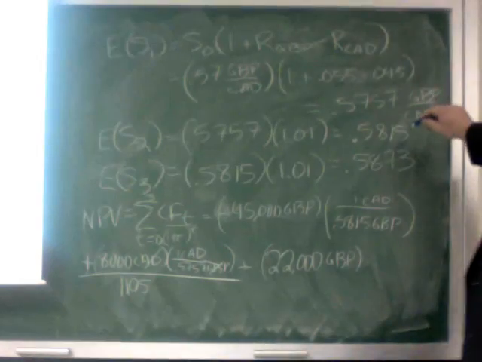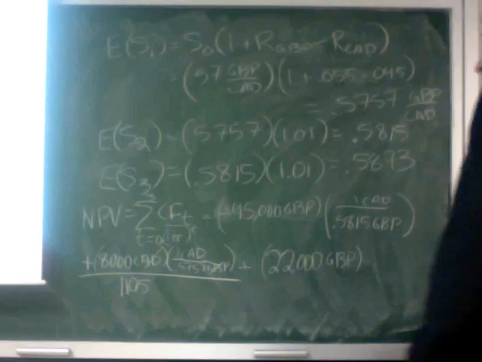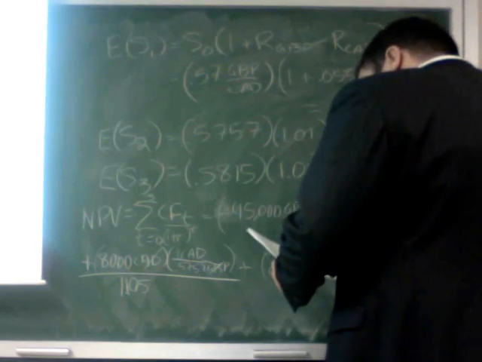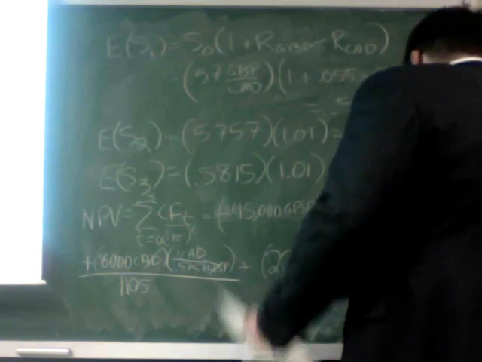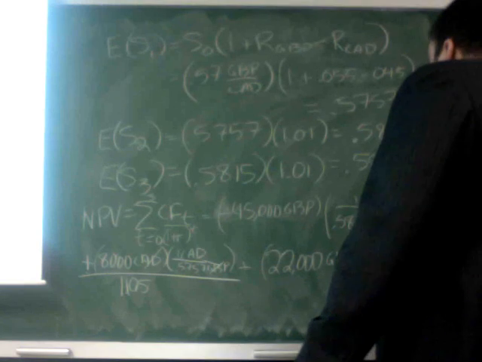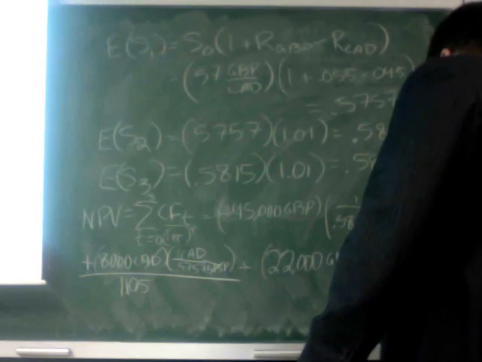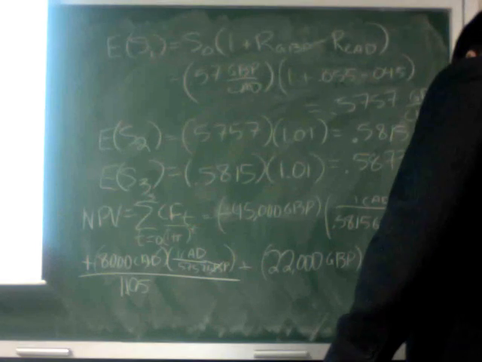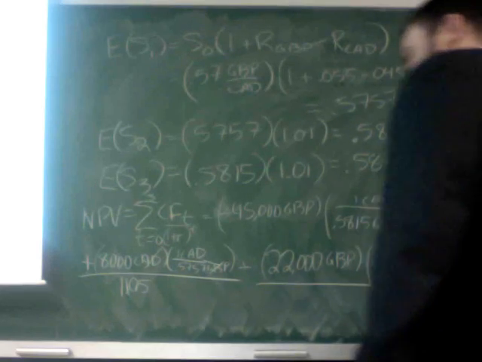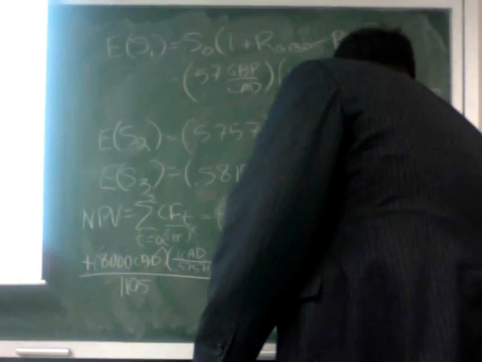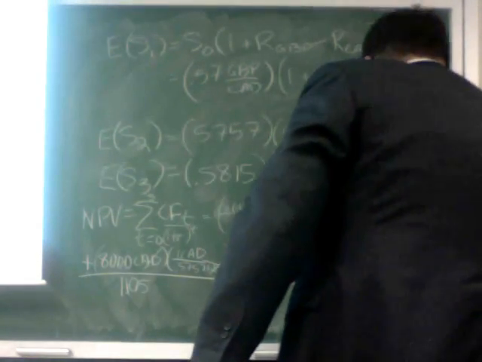So that's converted at the rate in year 2, the expected spot rate in year 2. And that's discounted back 2 years. So that one was to the power 1, that one's to the power 2.